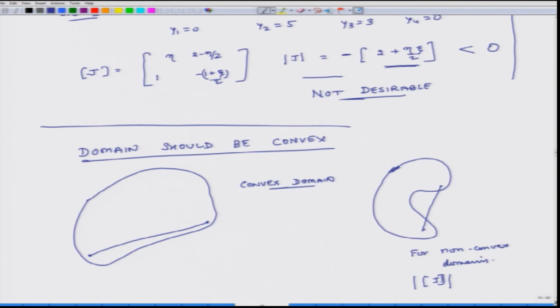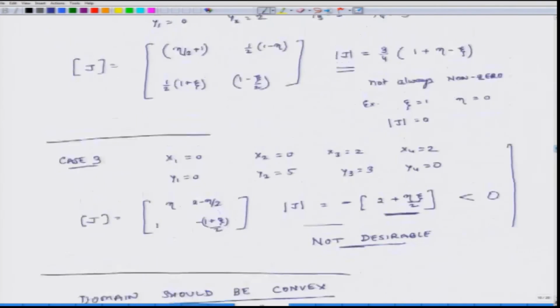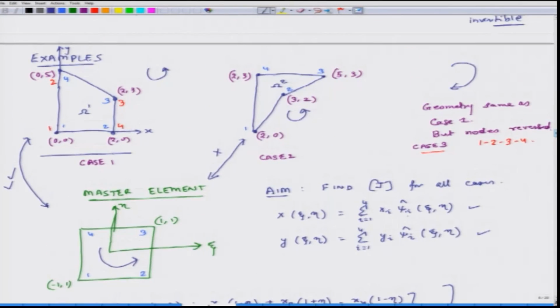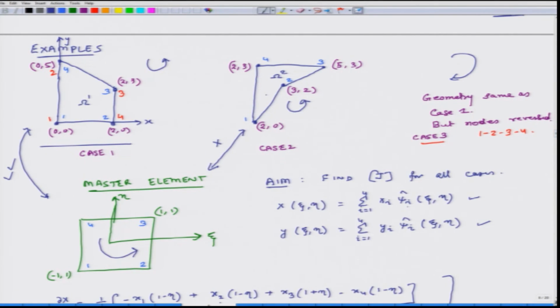Now, in this case, this element, is it convex or non-convex? It is non-convex, because if I connect these two points, I have to go out here. So, essentially what that means is that all interior angles theta should always be less than pi. If all interior angles in the element are less than pi, then I will have a convex domain.